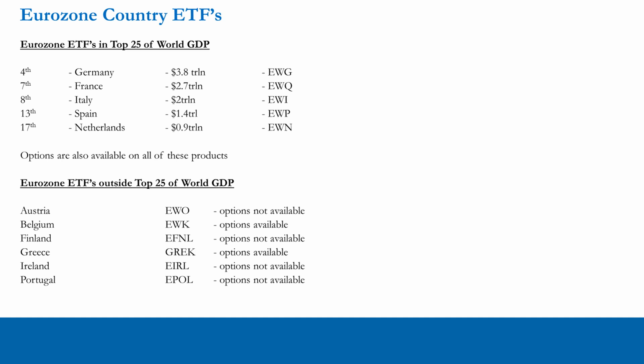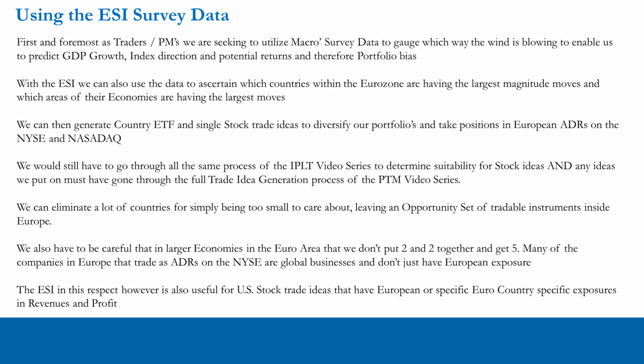As long-short equity portfolio managers, our focus is stocks, and we're combining top-down analysis, macro analysis with bottom-up analysis. So first and foremost, as traders and PMs, we are seeking to utilize the macro survey data to enable us to gauge which way the wind is blowing, so we can predict GDP growth, index direction, and potential returns from the index, and therefore our portfolio bias.